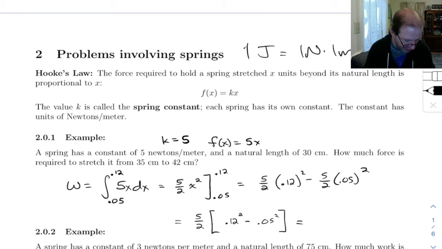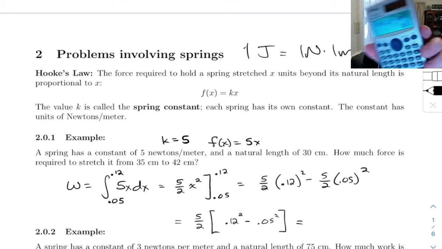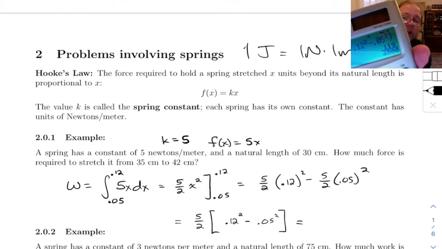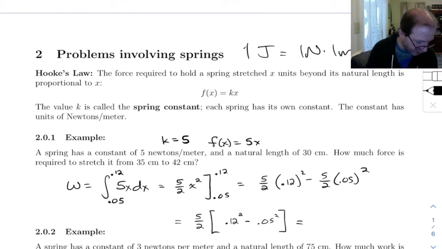Let's see, 5/2 times parentheses 0.12 squared minus 0.05 squared. This calculator gives me fractions. It gives me 119 over 4,000. Let's convert that to decimals: 0.02975. And that's in joules.